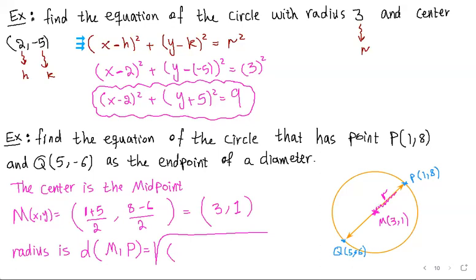So I'm going to plug everything in. The formula is 3 minus 1 square plus 1 minus 8 square. 3 minus 1 is 2, square is 4, plus 1 minus 8 is minus 7, square is 49. And here it gives me 53.